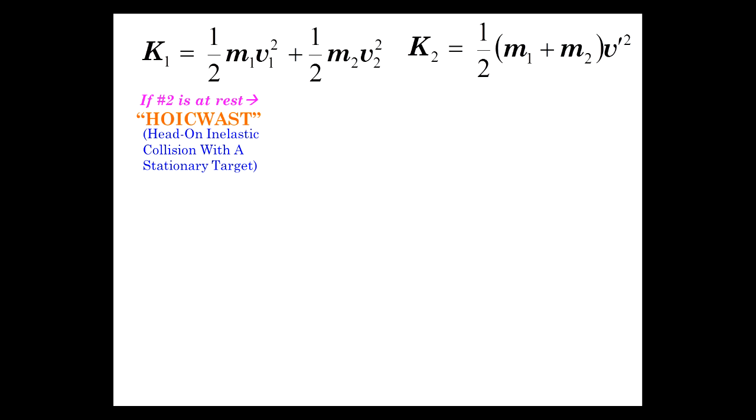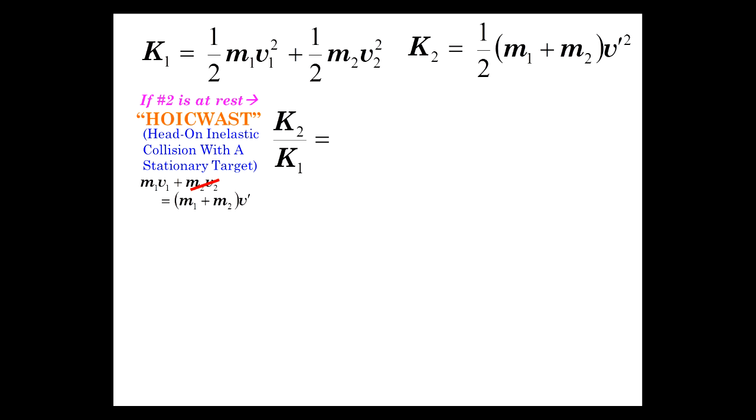Now, if number 2 is at rest, it's called a head-on inelastic collision with a stationary target. Kind of catchy, huh? So that's just this momentum expression, before equals after, with this one crossed out.